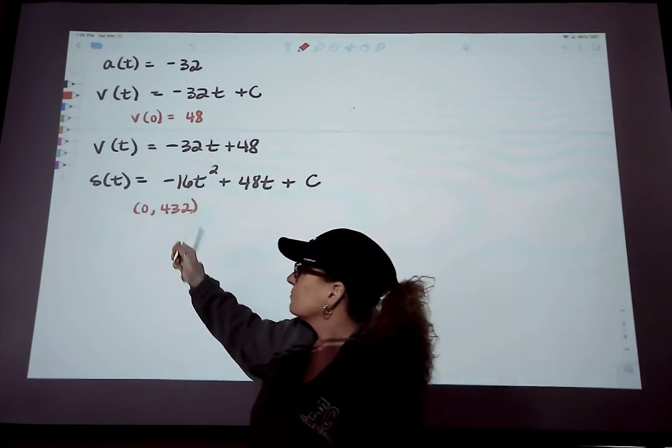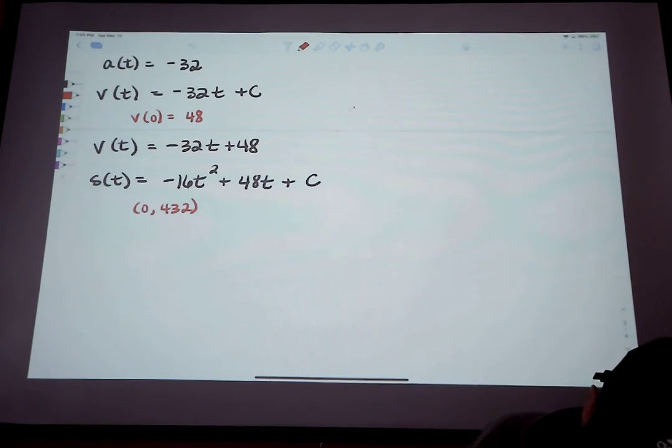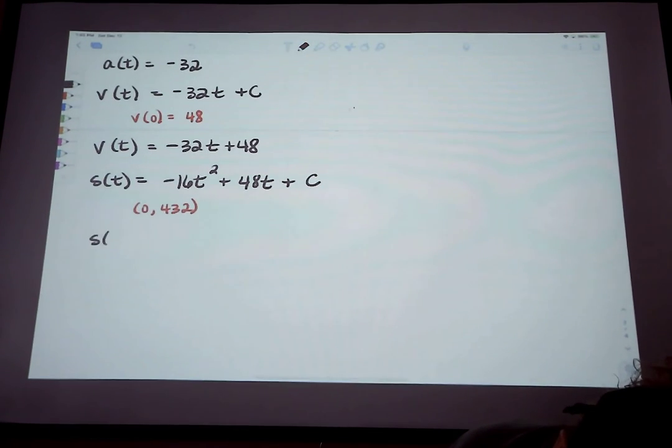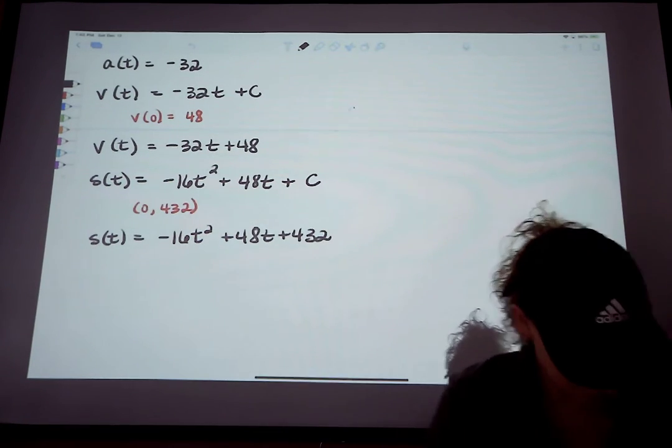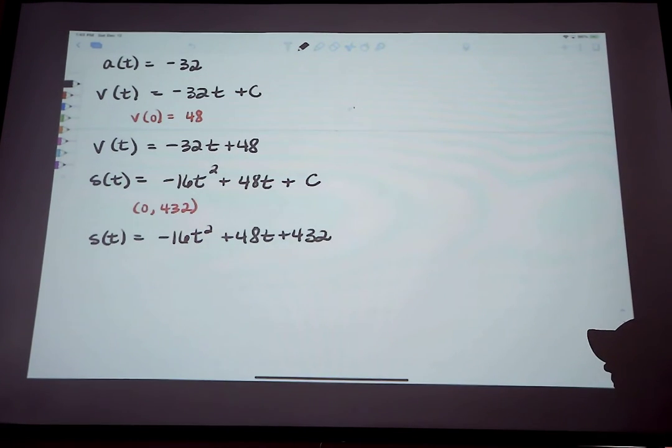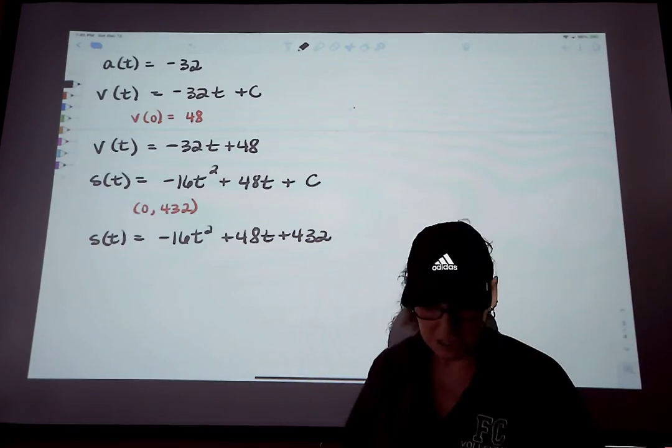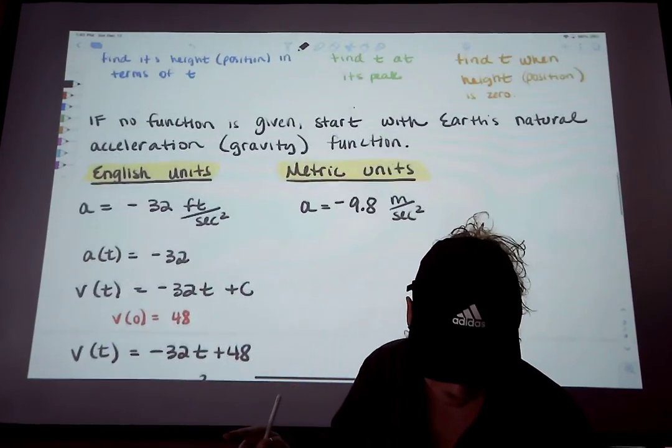S of 0 was 432. There we go. That's your position function. In fact, I think that's the answer to one of our questions.